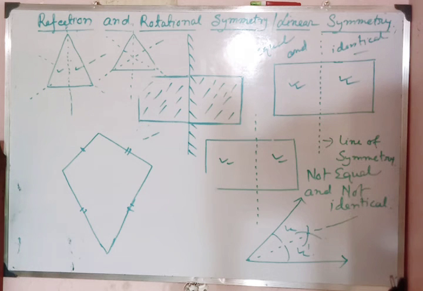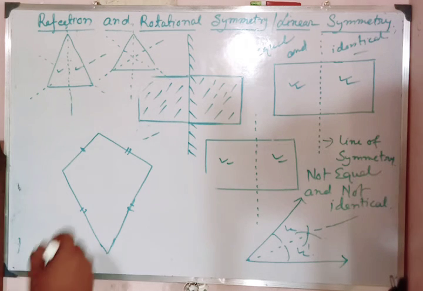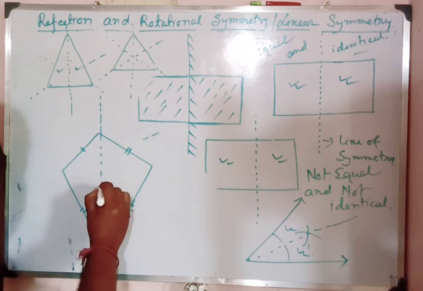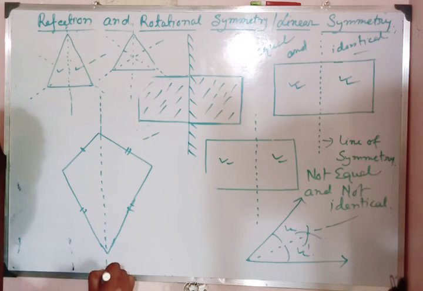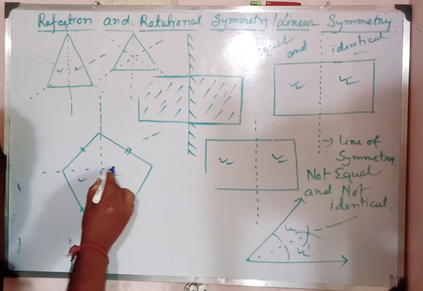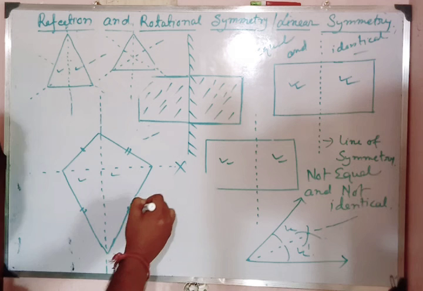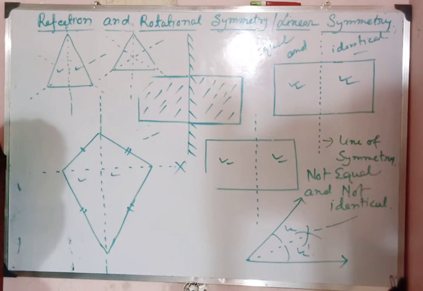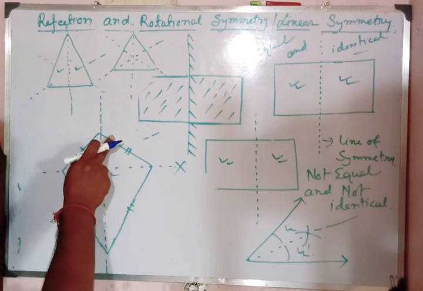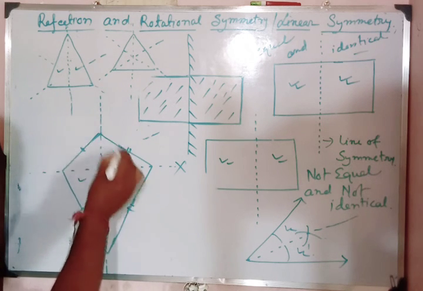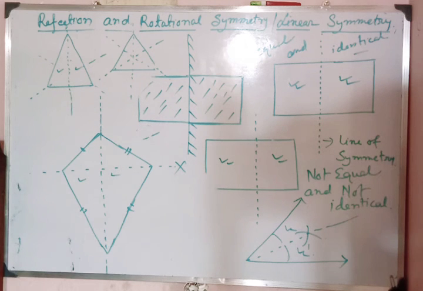The figure name is kite. Now this kite has only one line of symmetry. If we draw this line, this is not a line of symmetry because it does not divide it into two equal and identical parts. Only this one line divides it into two equal parts.